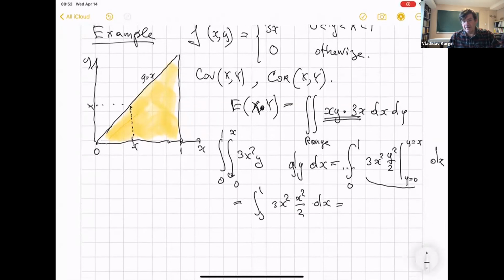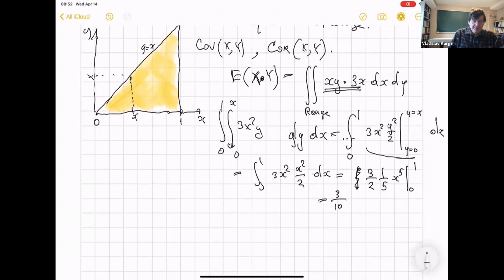Here you can write the antiderivative, 3/2 times 1/5 x to the power of 5, from 0 to 1. So it's equal to 3/10. Pretty easy integral.